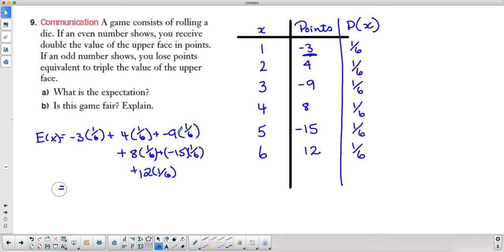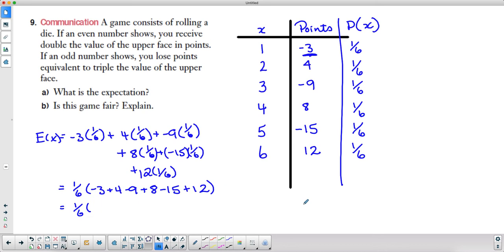And like I did before, I can factor out the 1/6 here and make this just a little bit easier to plug into a calculator if I want to. So it's -3 plus 4 minus 9 plus 8 minus 15 plus 12.